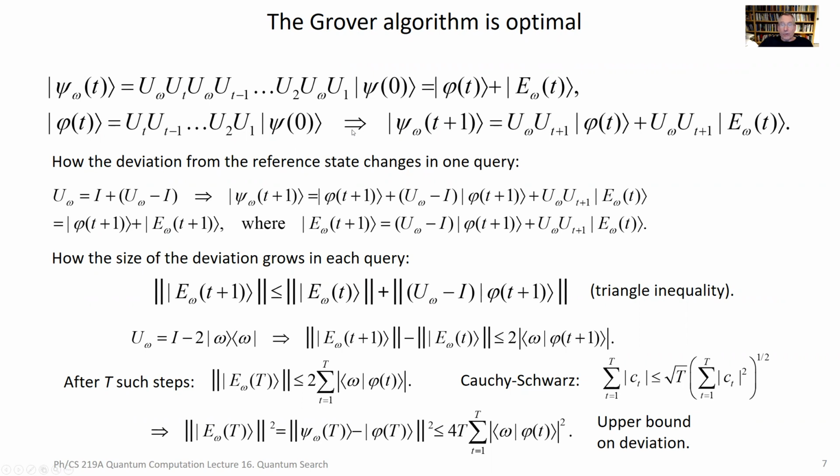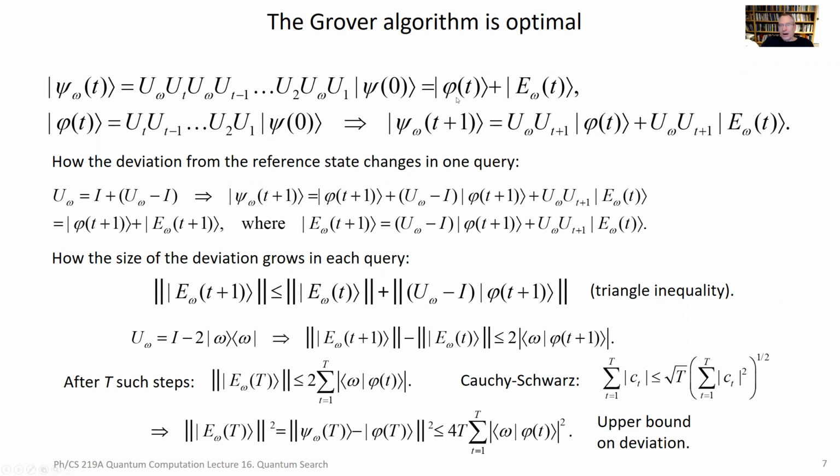Okay. And now I want to look at how that deviation is affected when I do one more query. Well, I do one more query after doing one more unitary of my choice, the t plus 1 unitary, u sub t plus 1, and then I do the query unitary. So after I've done one more query, I have the state psi omega of t plus 1.